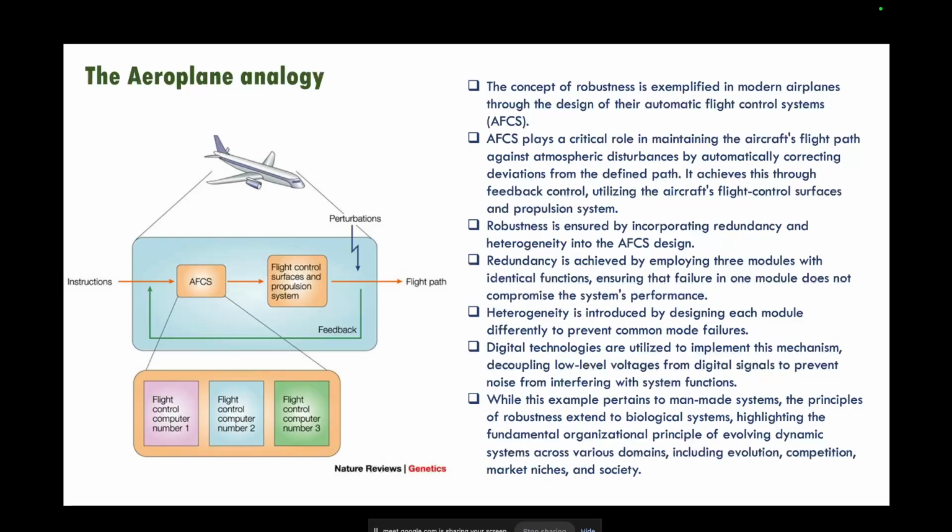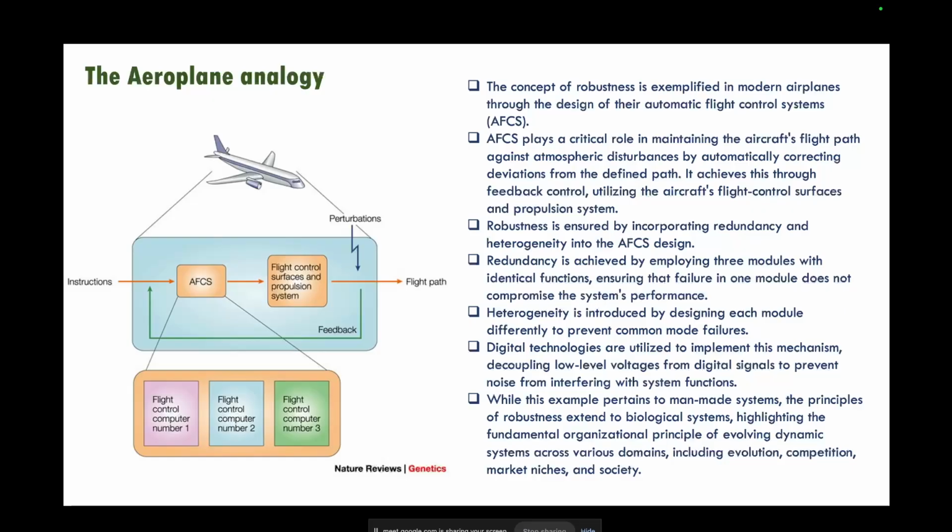What this automatic flight control system is basically doing is maintaining the aircraft's flight path against atmospheric disturbances by automatically correcting deviations from the defined path. It achieves this through feedback control, utilizing the aircraft's flight control surfaces and propulsion systems.